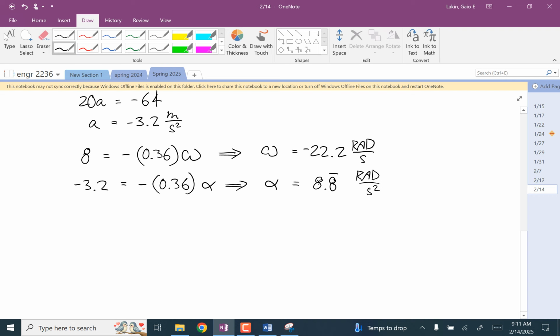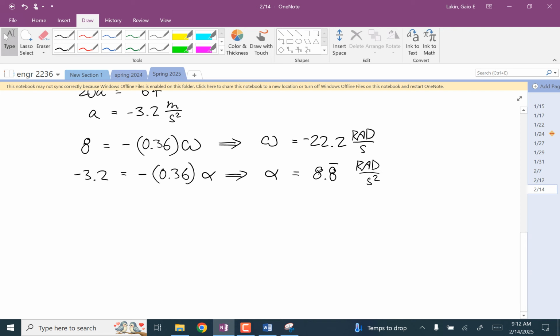if you recognize that it has to be a constant angular acceleration, if you recognize the connection between a constant translational acceleration and constant angular acceleration, then you could say your angular acceleration as a function of time is this constant.